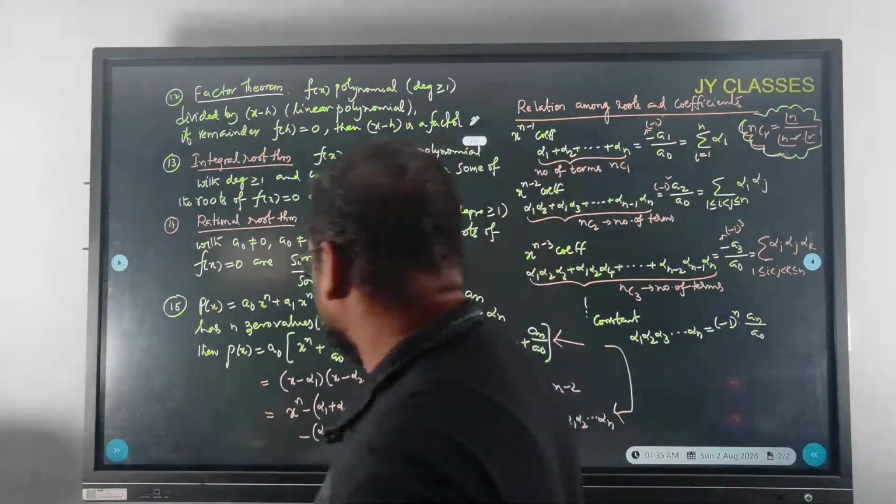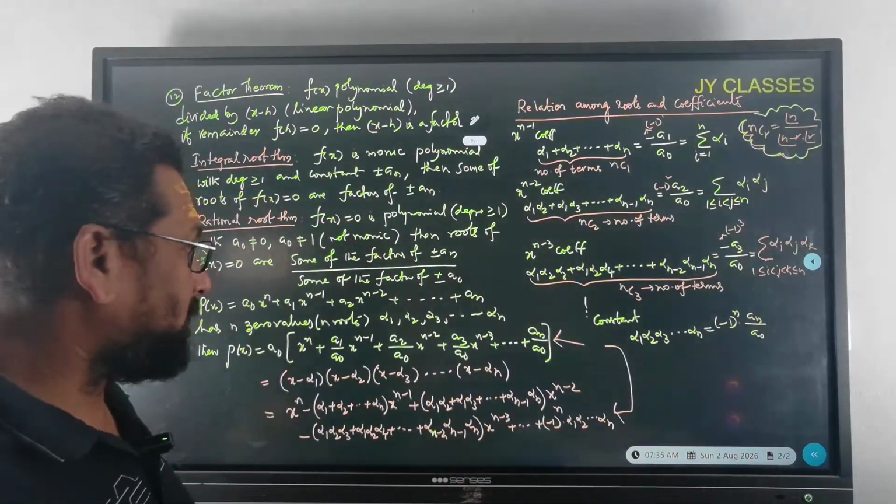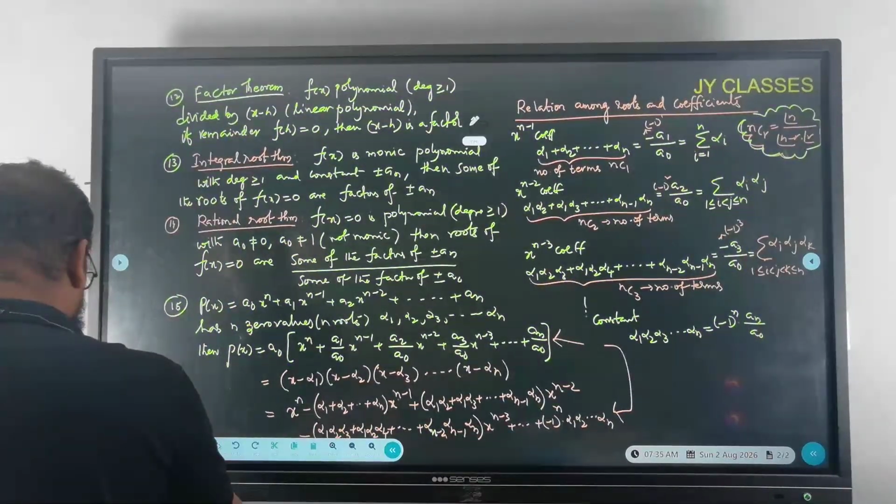Okay, so this is about the relation between roots and coefficients. This is a very interesting concept.